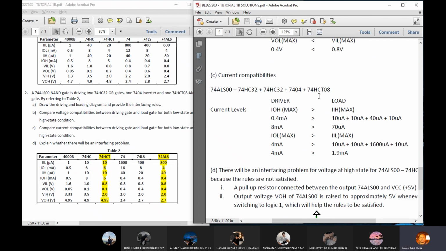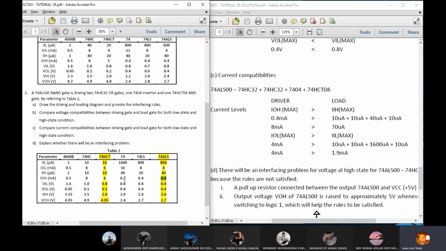For current, you will be using the same method as the one that we have discussed in question 1. So 0.4 milliampere for IOH of 74 ALS. Okay, and then for IIH we have to add up. For HC 74 and HCT, HC is 10 micro plus 2 times 10 micro plus 10 micro plus 40 micro plus 10 micro more for HCT.